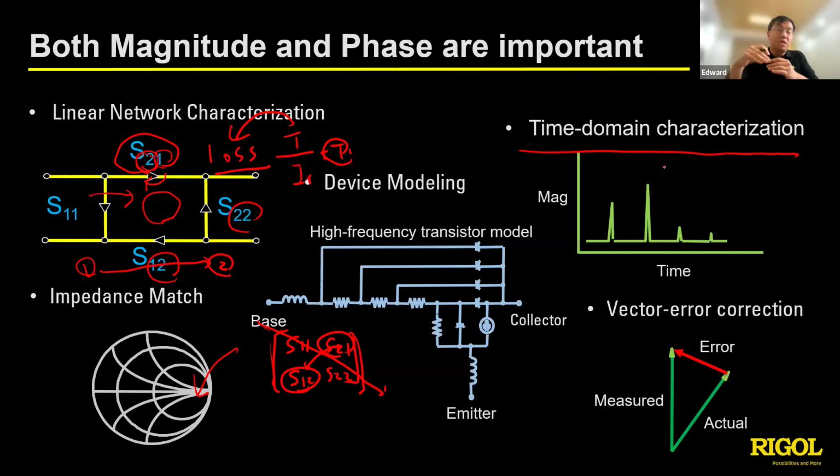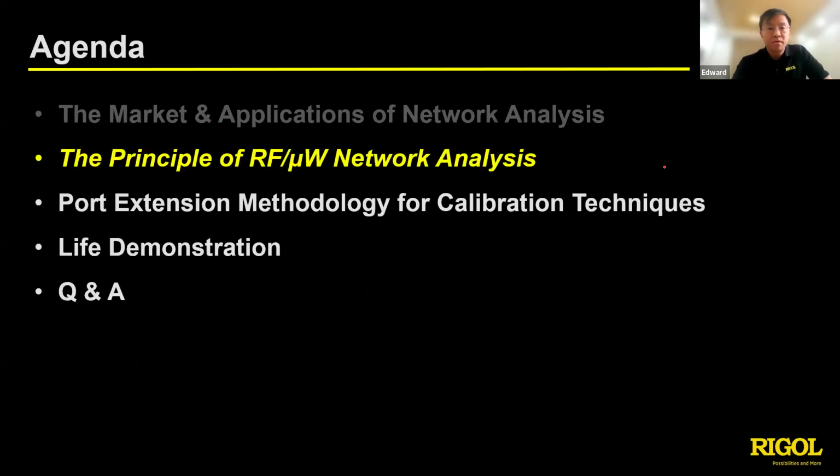So we can get some fault distance or fault points along cables, or verify long distance cable characteristics by using the TDR functionalities. Okay, so that is the basic information about the magnitude and phase of the network analysis.